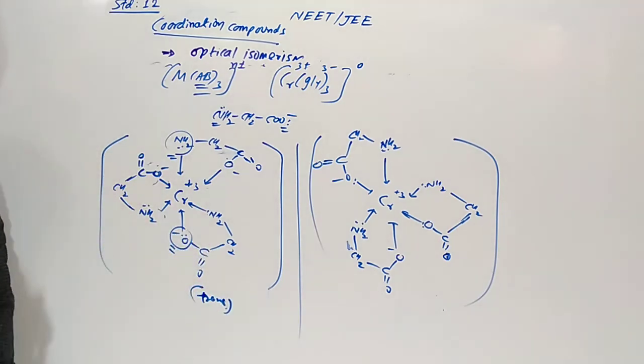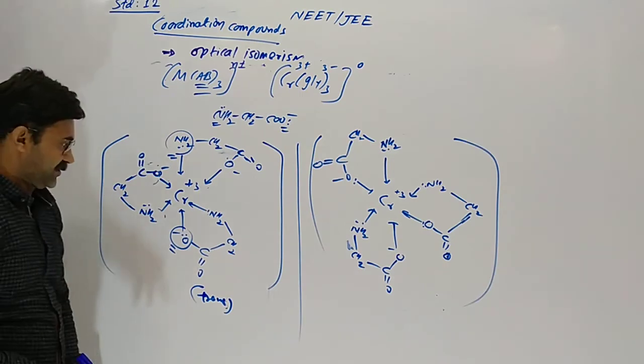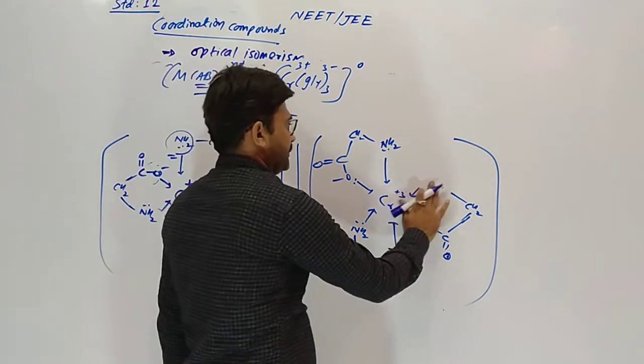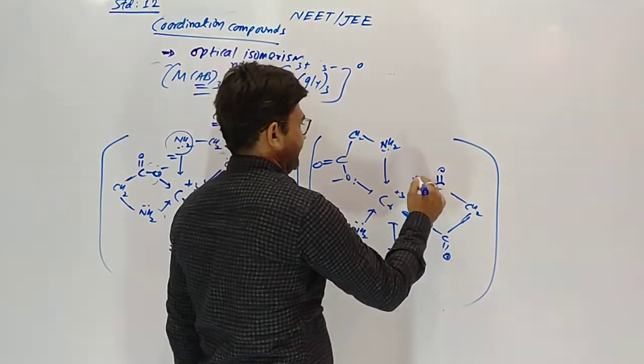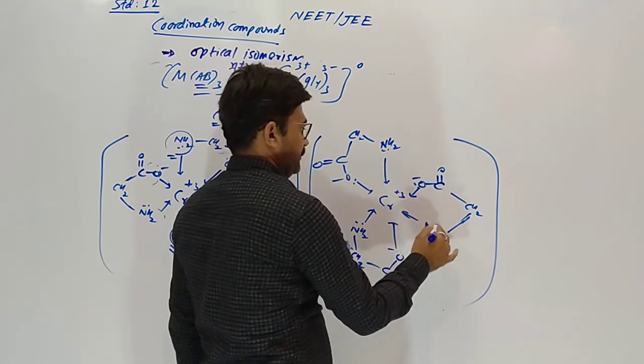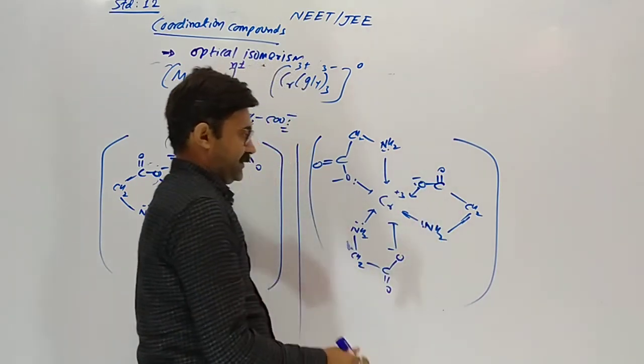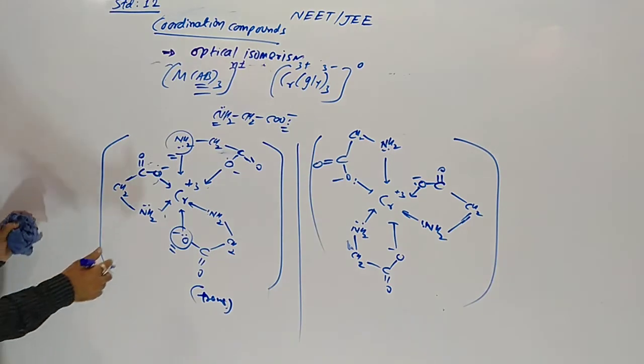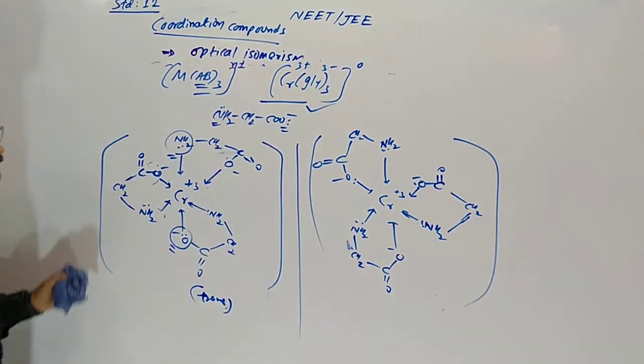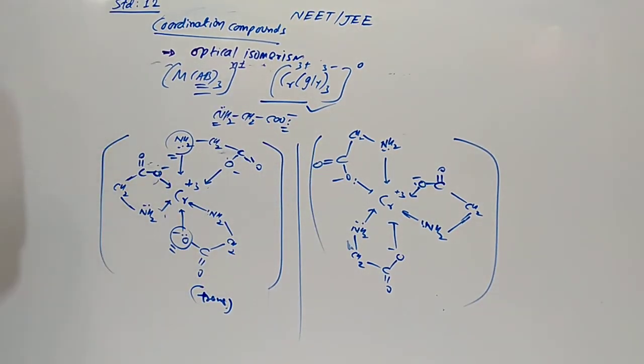Due to the unsymmetric nature of the structure, it is also optically active. In this case, cis and trans both are optically active and give isomers.